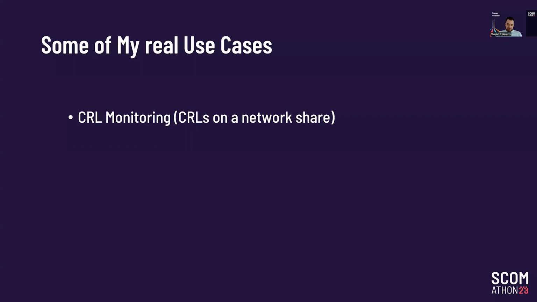So I wrote a PowerShell script, which gets all the files, reads out the expiration date, and of course alerts in SCOM in case a CRL is about to expire.